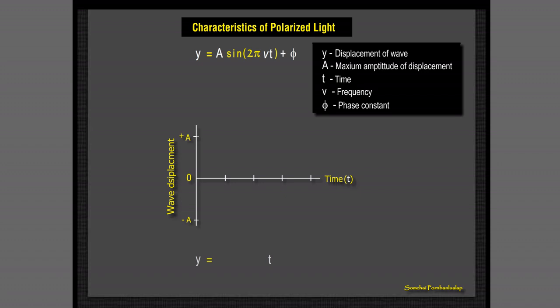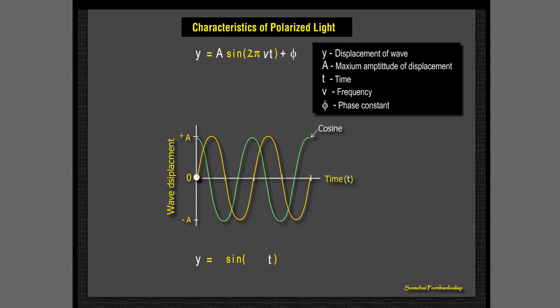In the diagram shown, the y-axis represents wave displacement, whereas the x-axis represents time. Because this is a sine function, the motion begins at zero displacement. In contrast, a cosine function begins at the maximum displacement. The term 2 pi indicates that the wave repeats itself every 2 pi radians, or 360 degrees.